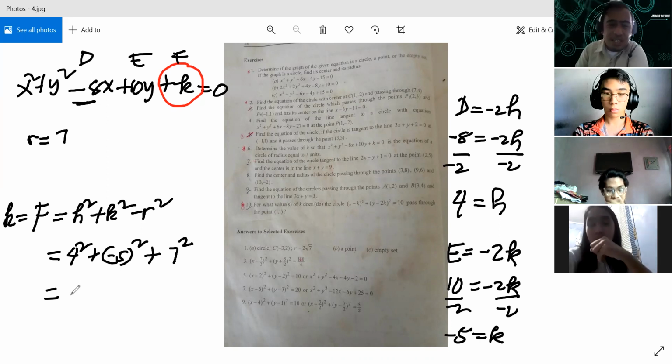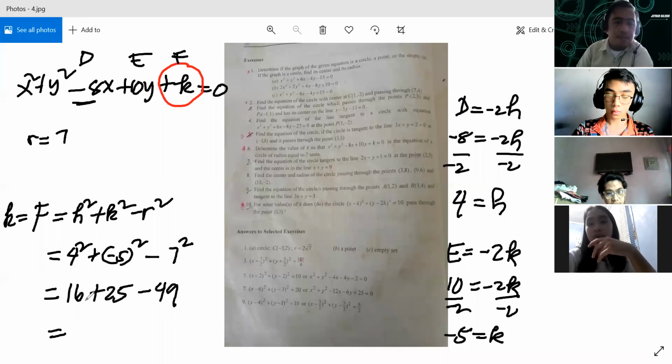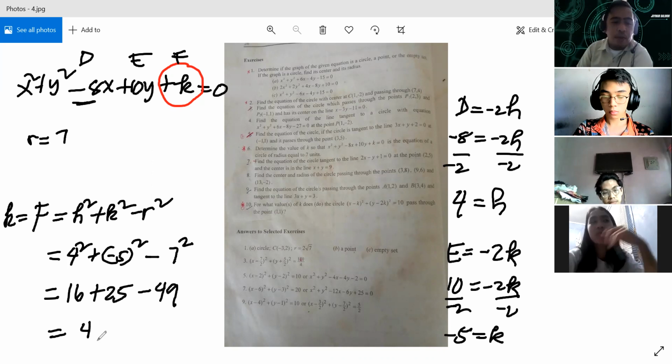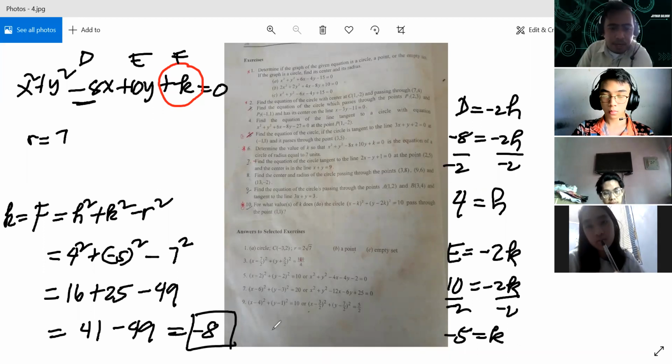So this is now 16 plus 25 minus, sorry, it should be minus R squared, minus 49. So it is just positive 41 minus 49. So your F is negative 8. Am I right, class? Do you agree with me?